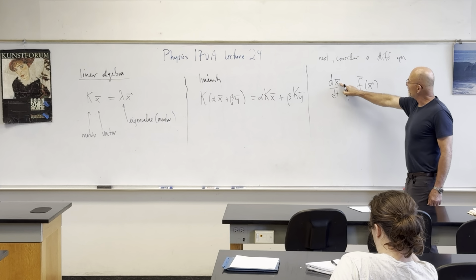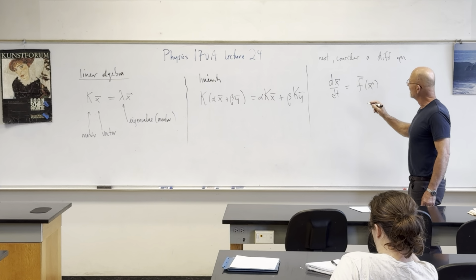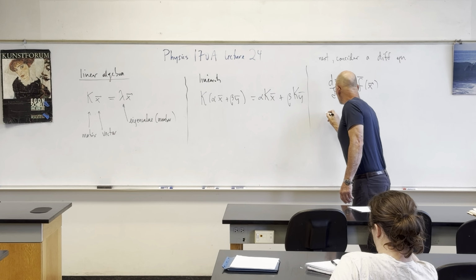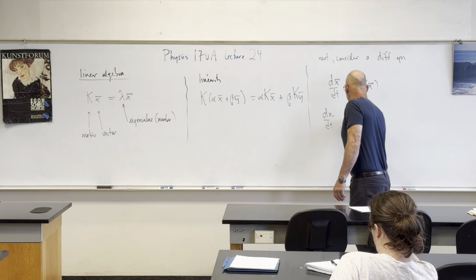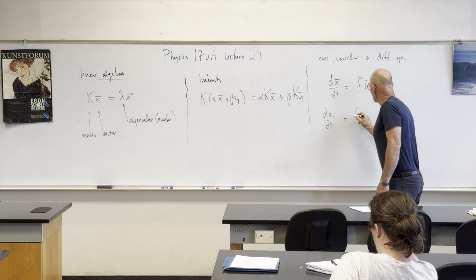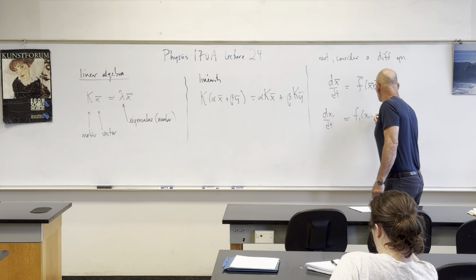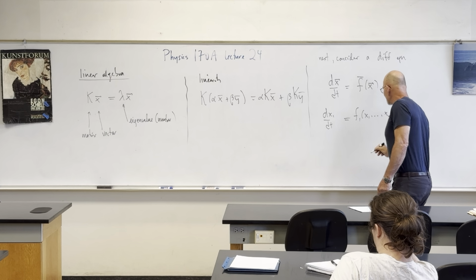But since x is a vector, f is a vector. If we write this out component-wise, we have dx1 dt equals f1 of x1 to xn.